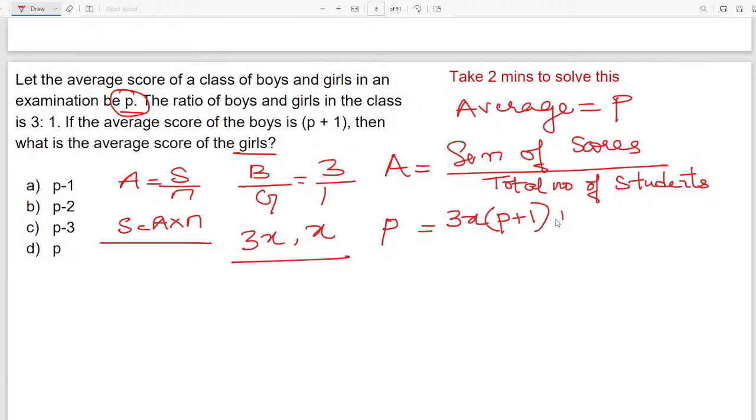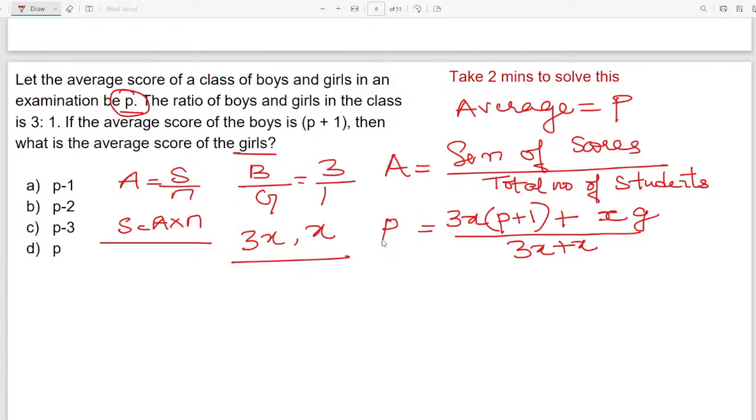The total class average is p, and the number of girls is x, and we don't know the average of the girls, so I'll take it as g here, divided by the total number of students, 3x plus x.